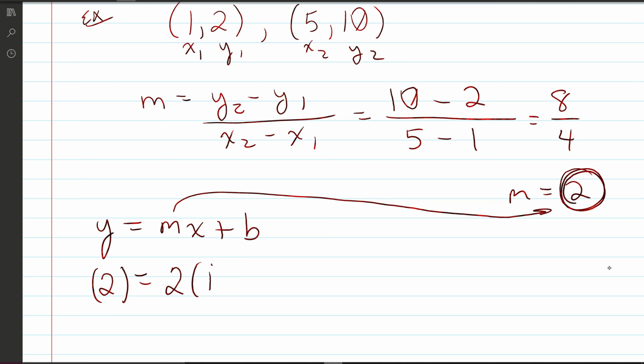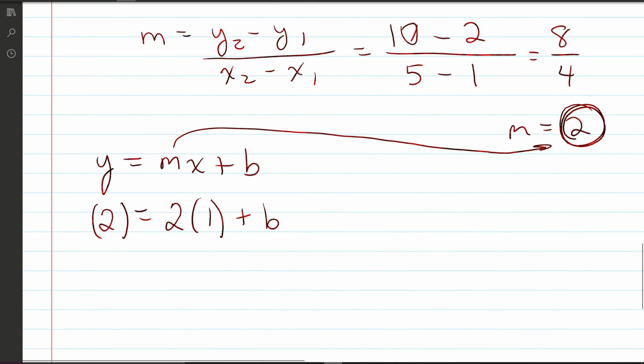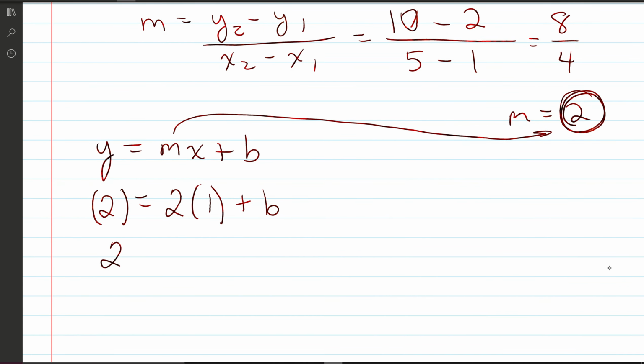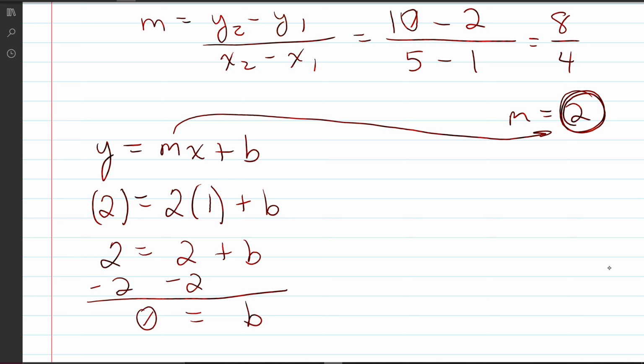It's a 1. And that's plus b because we're going to solve for that b. So 2 is equal to 2 times 1 is 2 plus b. Now to solve for b, we need to get b by itself, so I'm going to subtract this 2 from both sides, and then we get b is equal to 0.